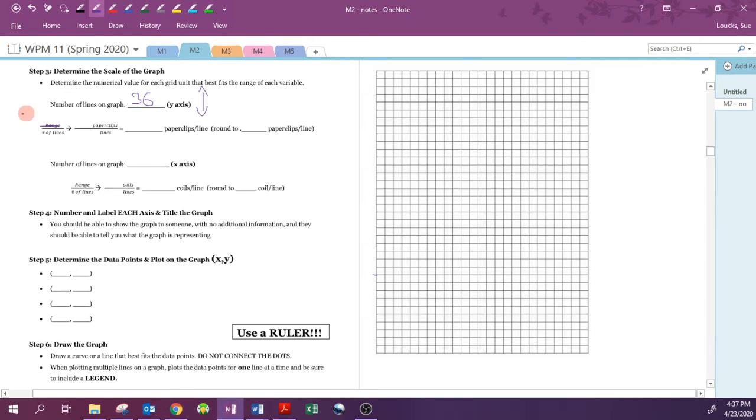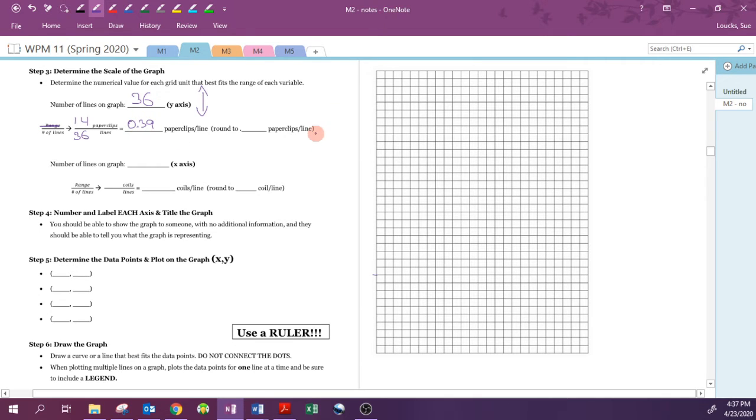I'm going to go from 0 to 14, the whole thing starting at 0. So if there are 14 paper clips, I want to be able to show 14 divisions going up here on 36 lines. I can go 14 divided by 36, and that's 0.39.